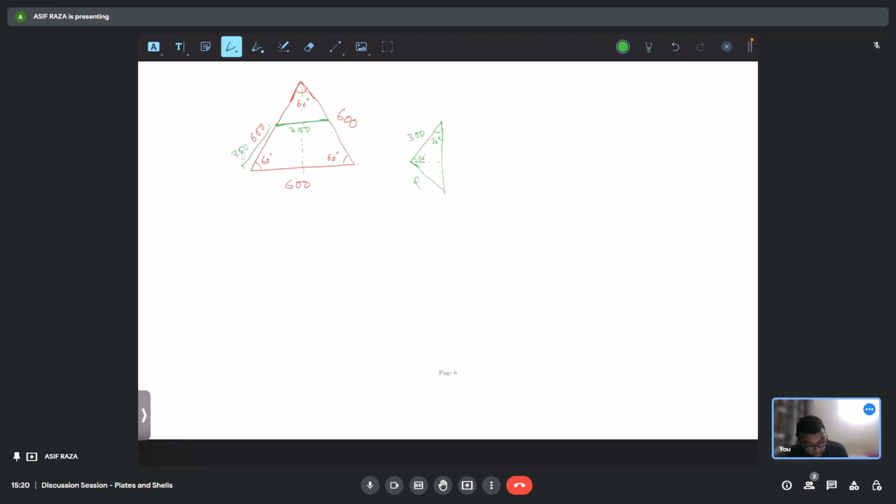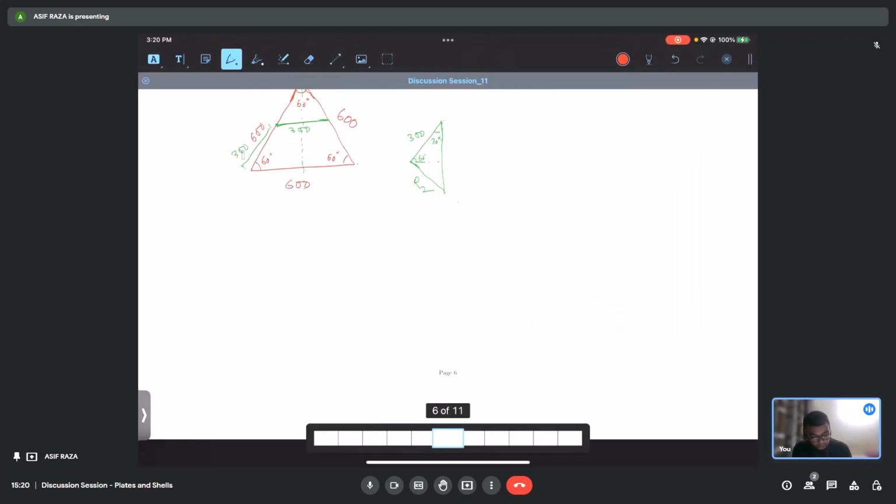And this is R2. So at the midpoint of the slant height, tan 30 is equal to R2 upon 300, right? So R2 is equal to 300 tan 30.